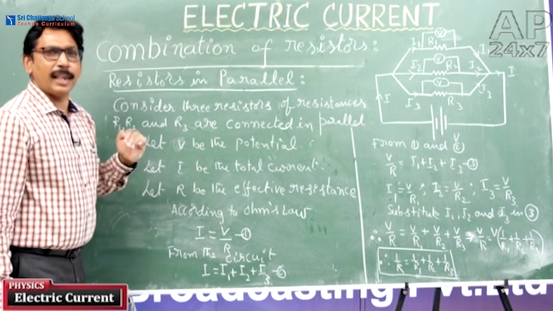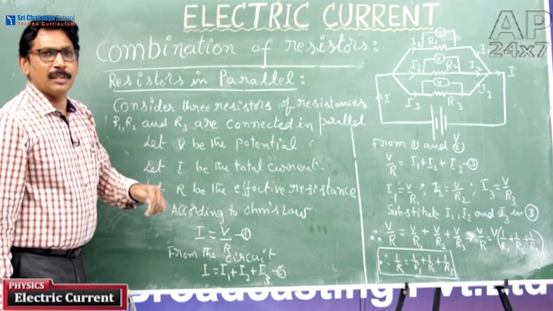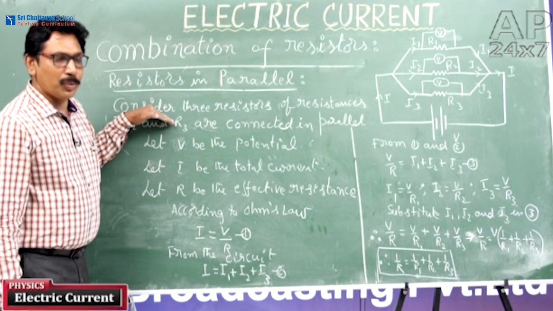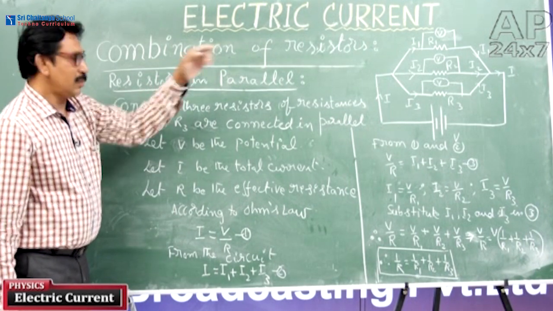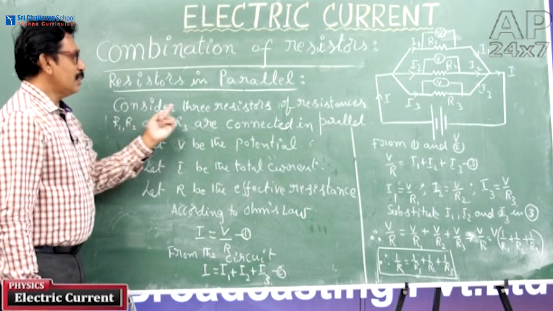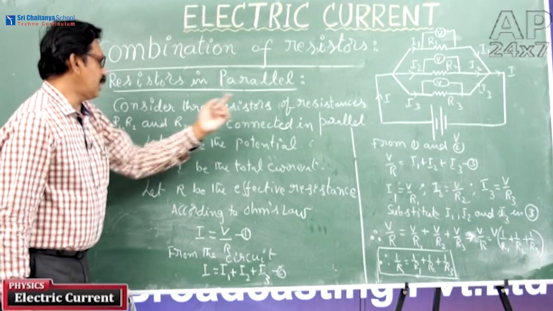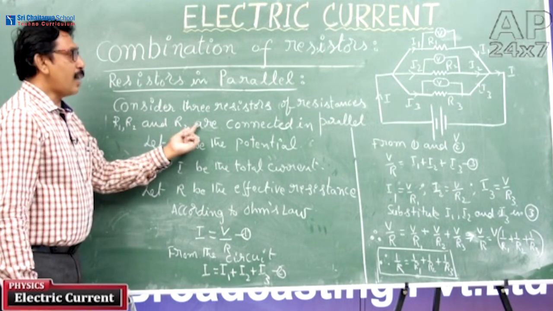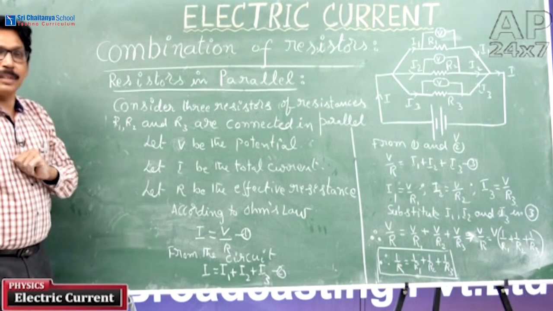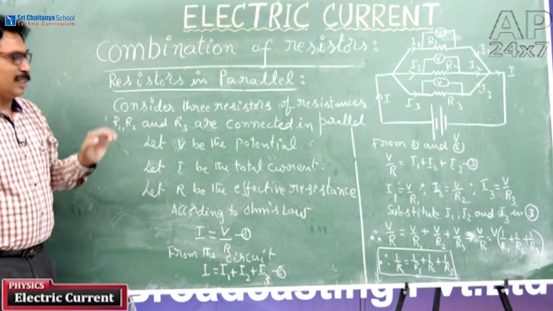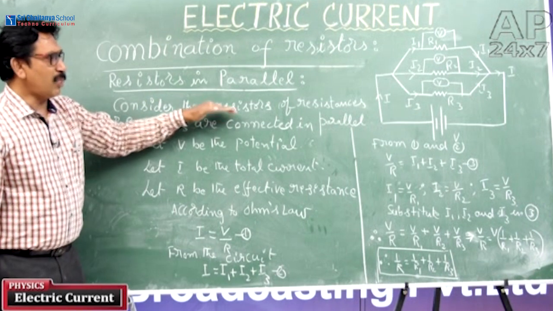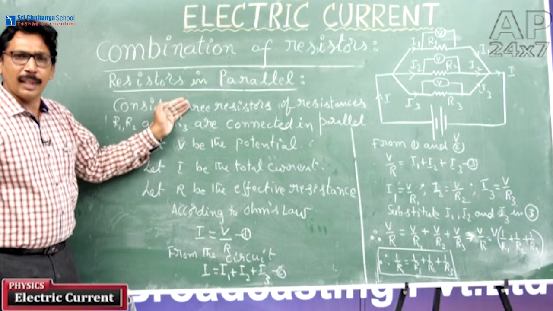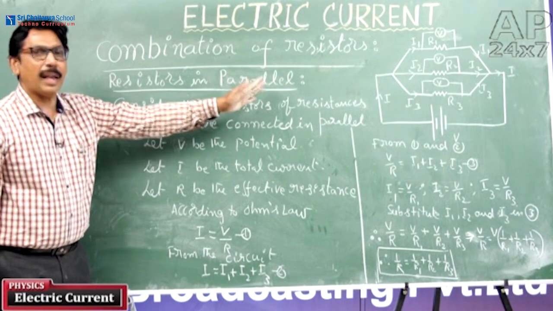So what we have taken, we have to write first. We took 3 resistors. Consider 3 resistors of resistances R1, R2 and R3 connected in parallel.